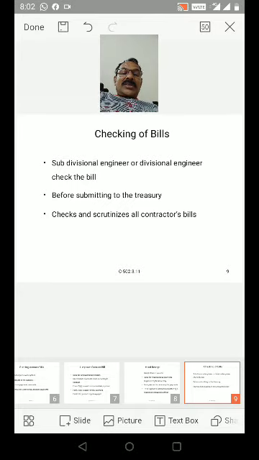In the whole department, a chief engineer is the head. Under the chief engineer, it is divided into a number of circles.